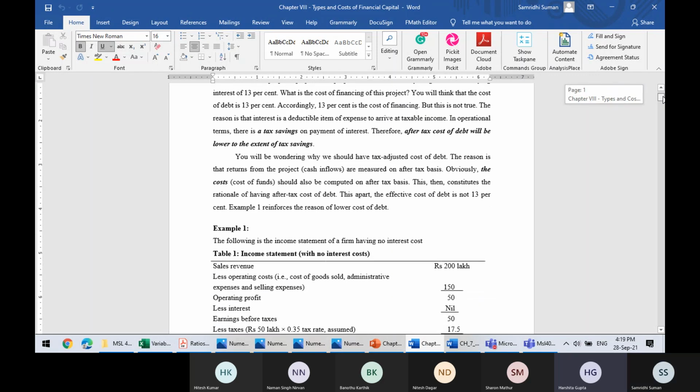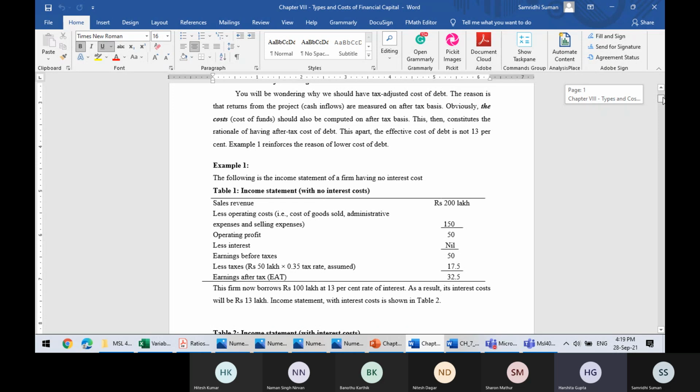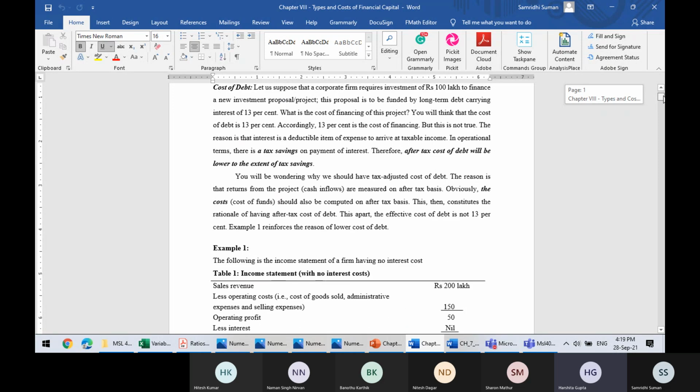Then there is a tax advantage in the cost of debt, because the interest payments, if you remember the cycle that we follow in the income statement, the interest is deducted before paying tax, right?